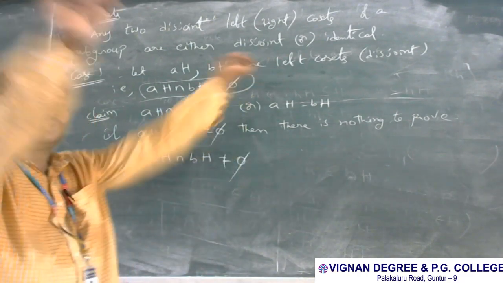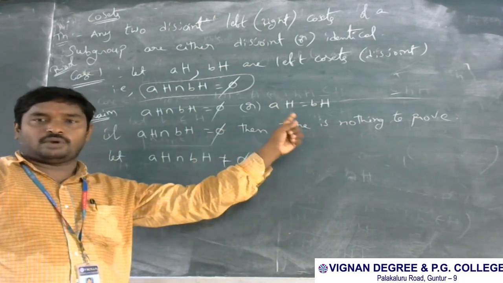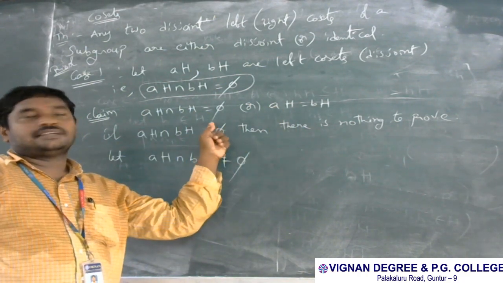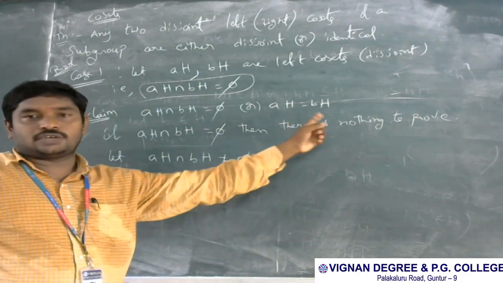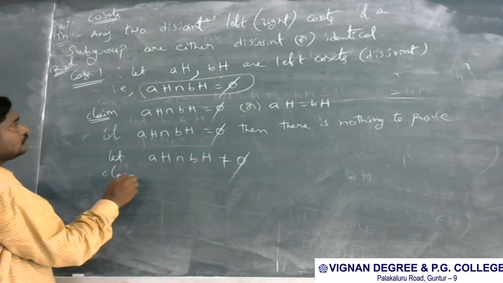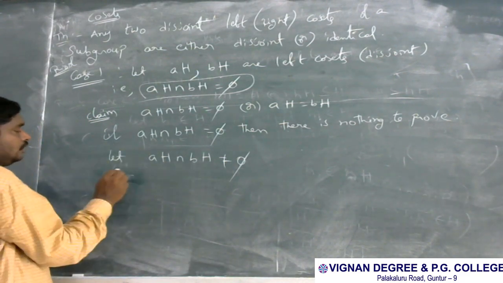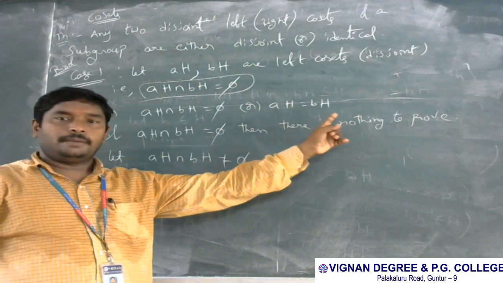Understand, students? We have to prove equal to phi or equal, so I am taking not equal to phi. Now we have to prove AH is equal to BH. So it is enough to show AH is equal to BH.